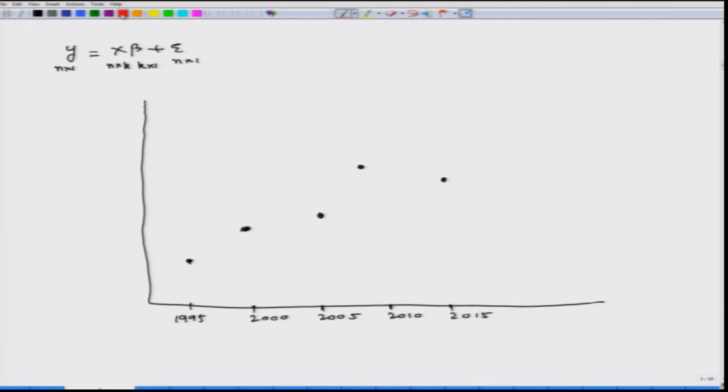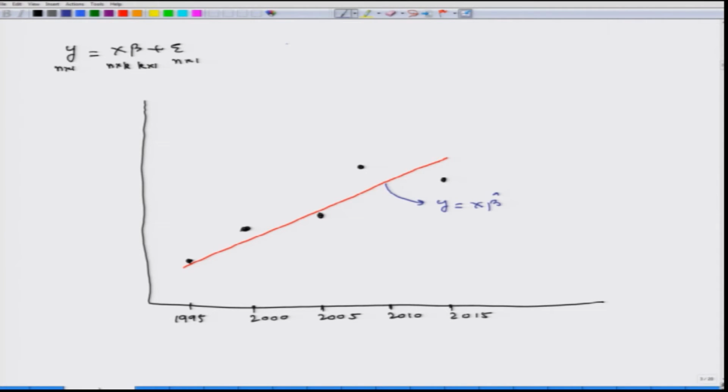One can see that this shows a sort of linear trend, and a line like this can be fitted to the given set of data. This line is nothing but y equal to x beta hat.